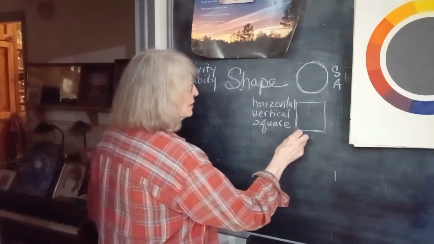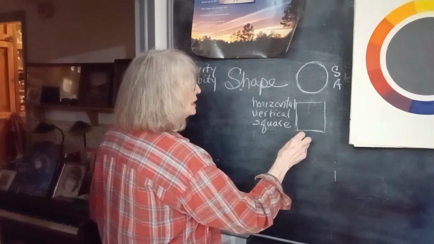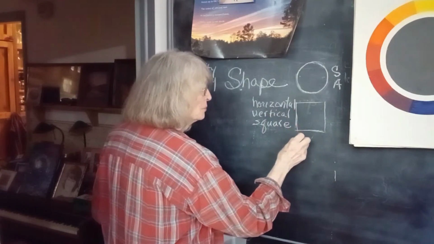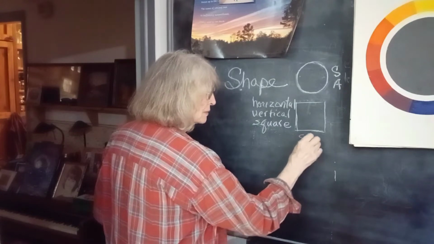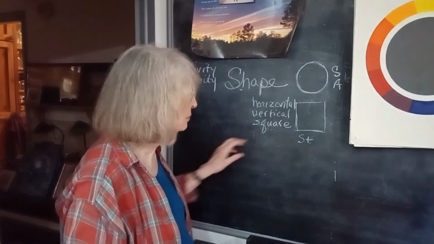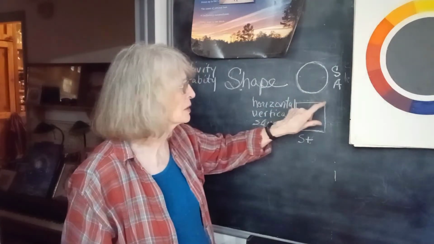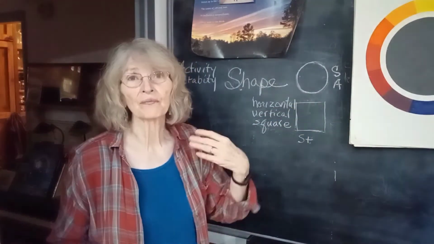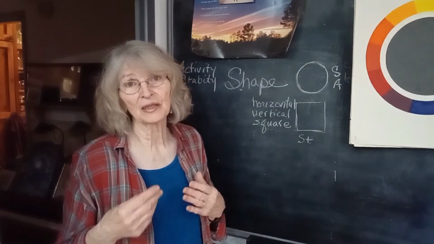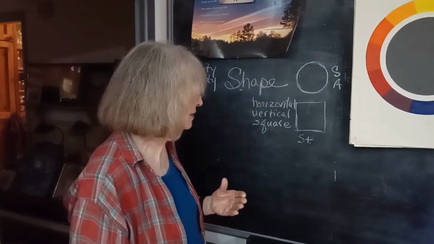In the square, our characteristic is somewhat stable. More stable than unstable, but with the corners being points of possibility, then we lose a little bit of stability in that.